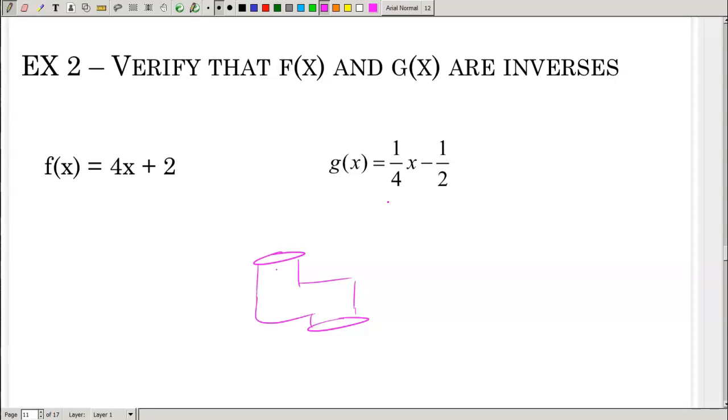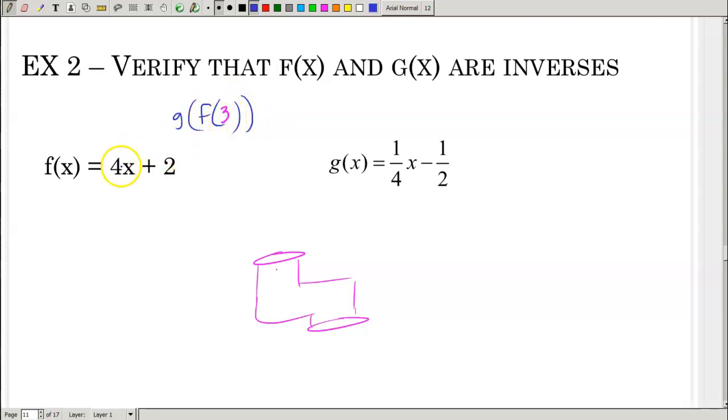Pick a number, right? Pick any number. Let's just say we pick 3, and if you plug 3 into f, let's say f of 3, and then immediately, whatever you get for f of 3, if you plug that right into g, so let's see if we do that.